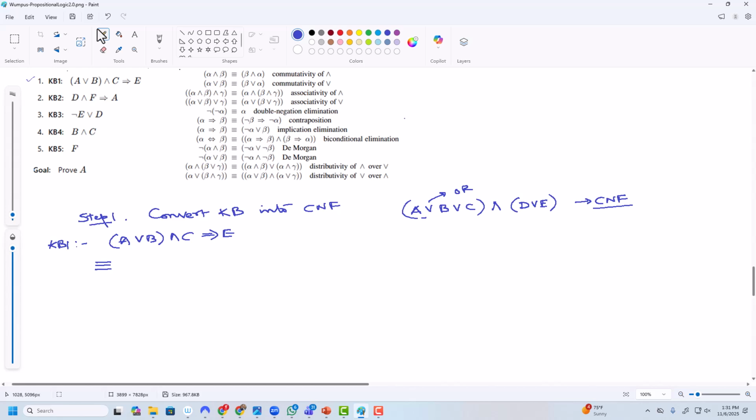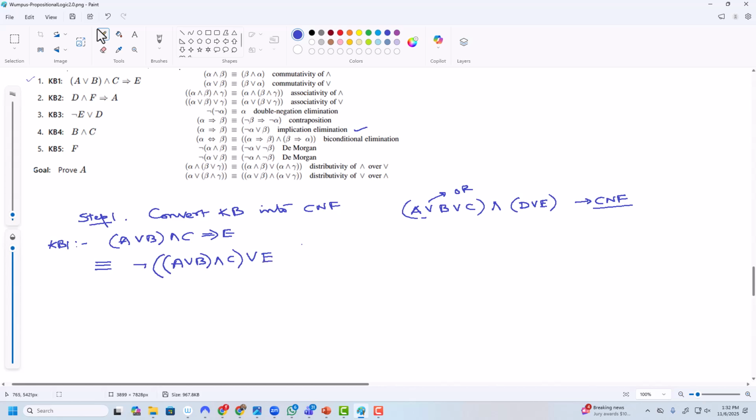First we will apply the implication elimination. So this rule, alpha implies beta, is equivalent to not alpha or beta. So this will become not of, so alpha is this side, so that's A or B and C, or E.